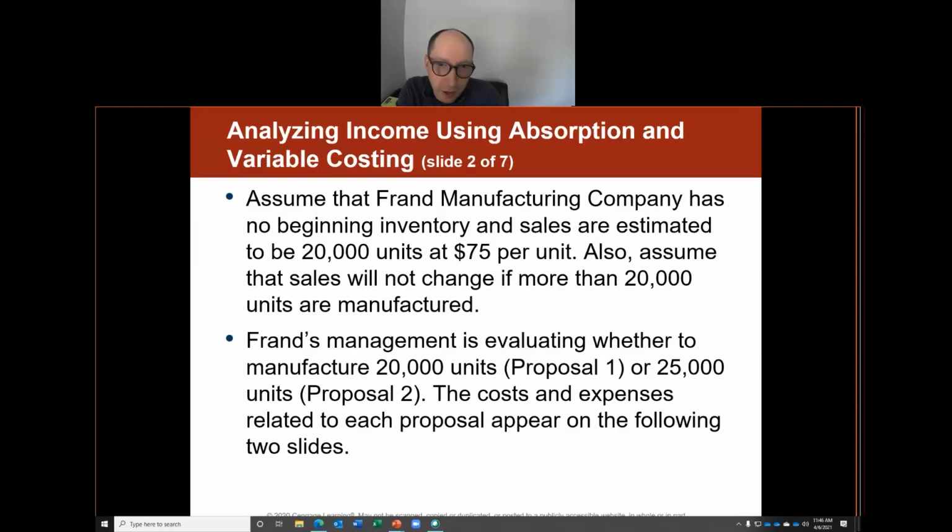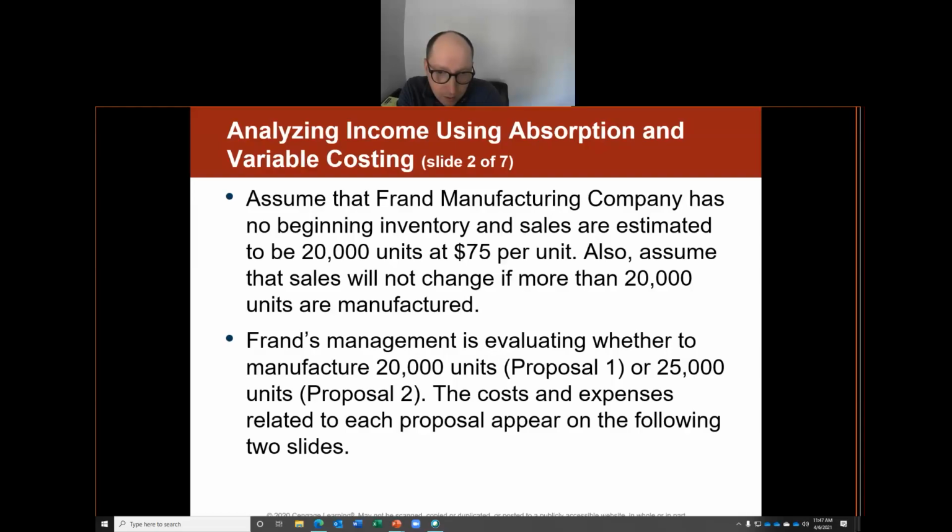So let's say our company does not have any beginning inventory, and we're expected to sell 20,000 units at $75 per unit sales price. We're only going to make the 20,000 units, and we're going to sell all 20,000 units at $75 per unit.